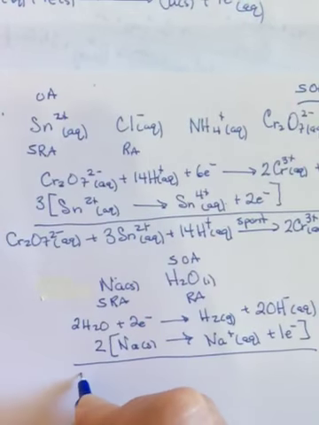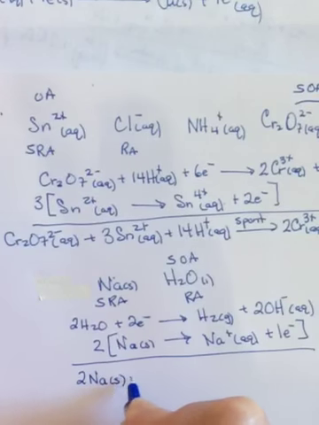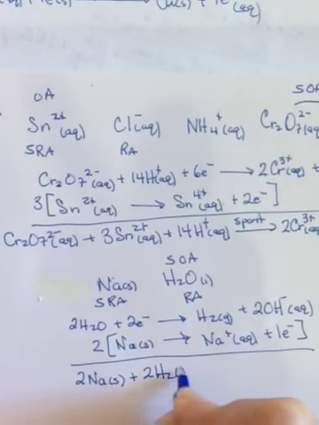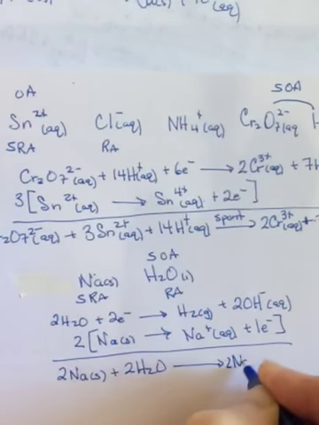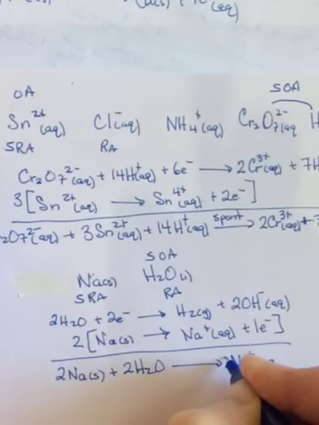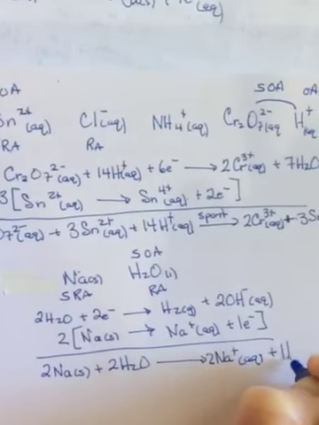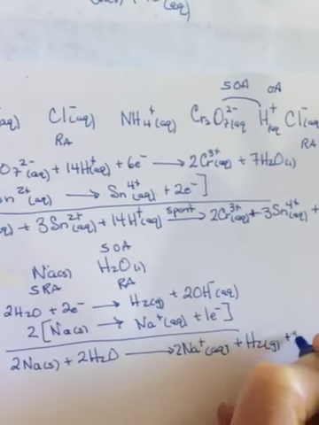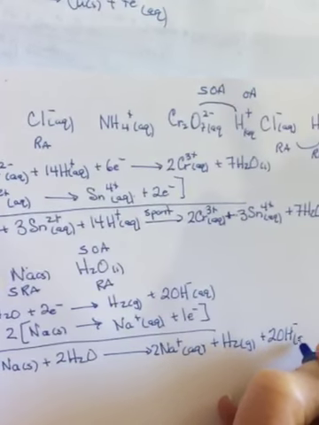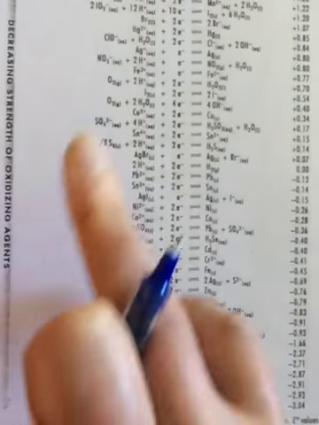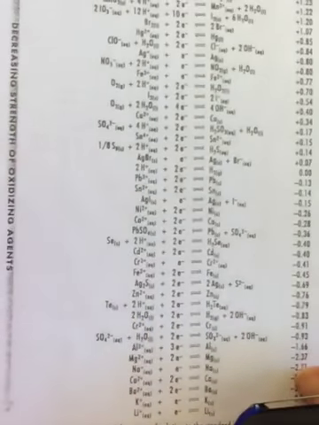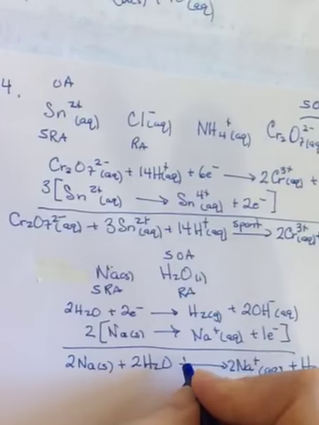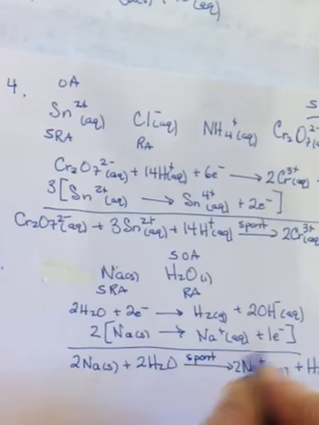We can add them together, so we get 2 Na solid plus 2 waters will go to 2 Na+ aqueous plus H2 gas plus 2OH-. Will it be spontaneous? Remember how far at the bottom the Na was? All the way down here. And water is here. So it is definitely spontaneous. And it's why you do not put sodium metal near water.